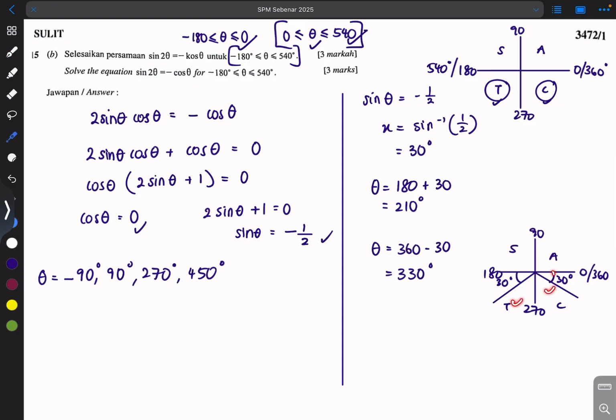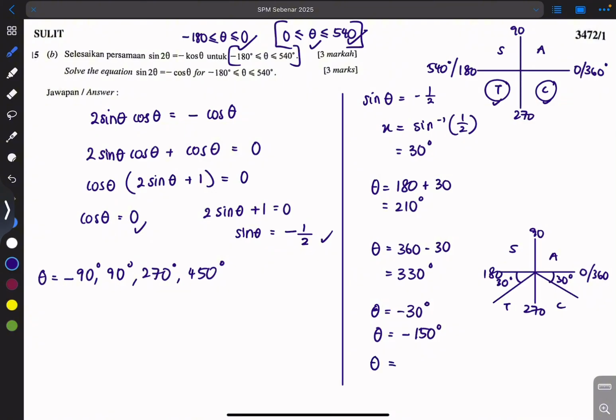So going this way, this will be our first answer, 30. But since we are going in the opposite direction, we write negative 30. And then the second answer would be from here to here. This will be 180 minus the 30. So we get 150. So we put negative 150 because opposite direction.